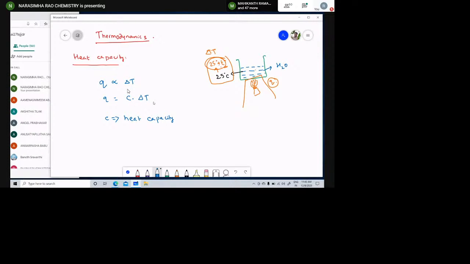This equation is rearranged to C is equal to Q by delta T, Q upon delta T. It's clear.